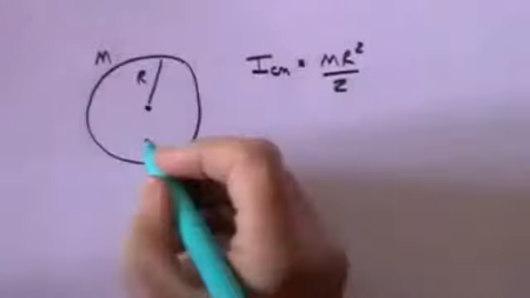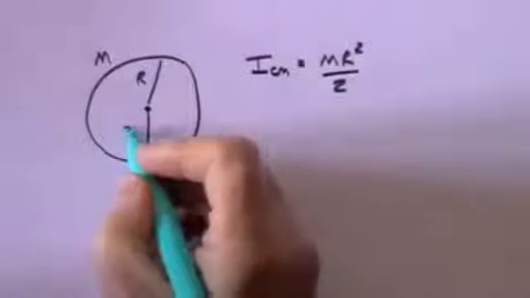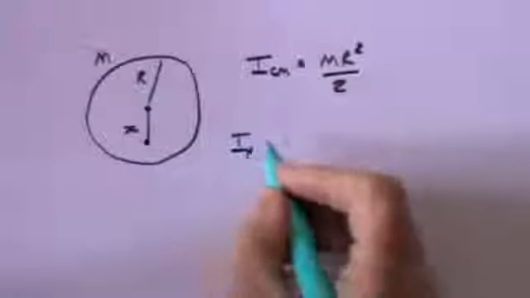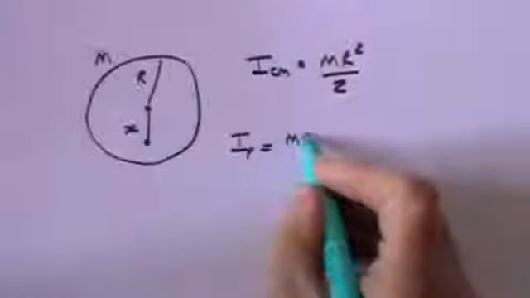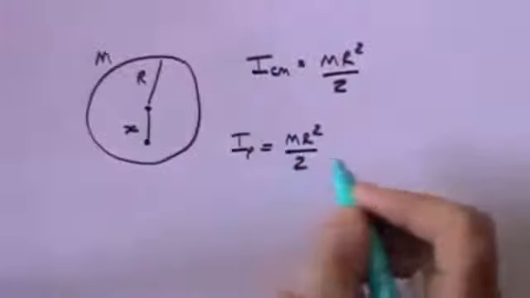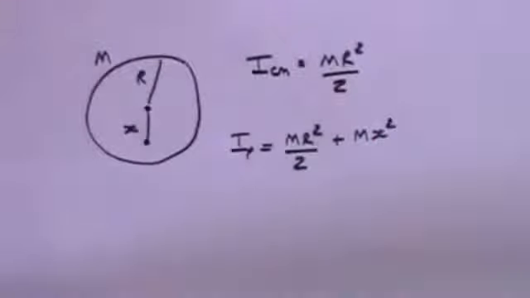But suppose you want to swing or swivel the disk around a point P, which is a distance x from the centre of mass. What then would the moment of inertia about point P be? And the answer is, it's the moment of inertia about the centre of mass plus mx squared. And it's as simple as that.